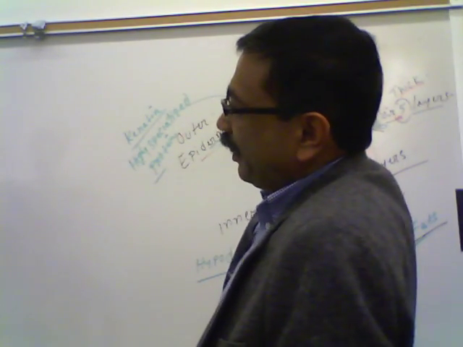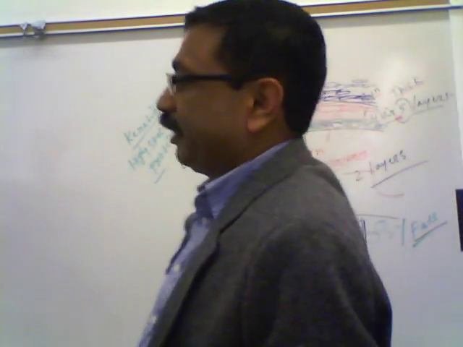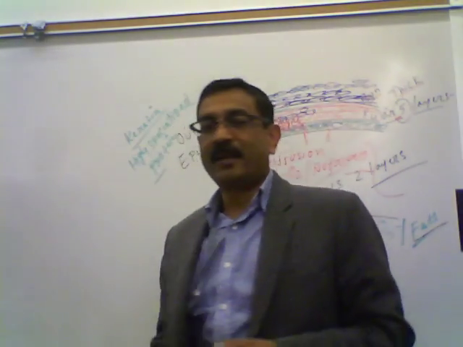Now if you see the thick and thin skin side by side, you can see that in thick skin you have the stratum lucidum, that clear layer. In thin skin you don't have that layer. So that is one difference.